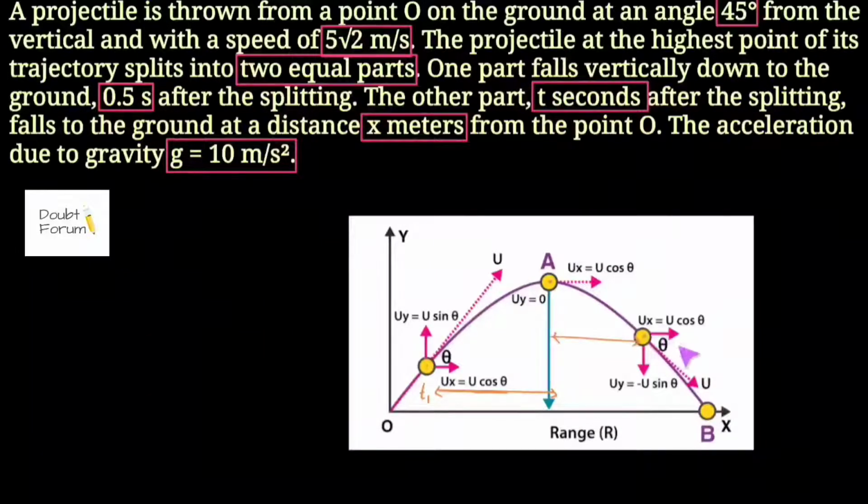And when the body moves from this point to point B, again this body has moved a horizontal distance of certain value. So this horizontal movement is taking place because of the horizontal component of this u. It has nothing to do with the vertical component.